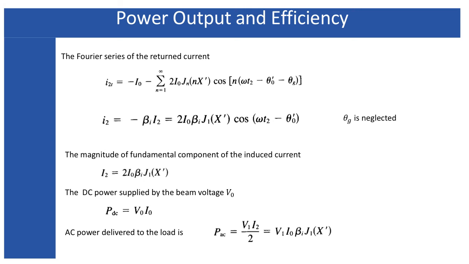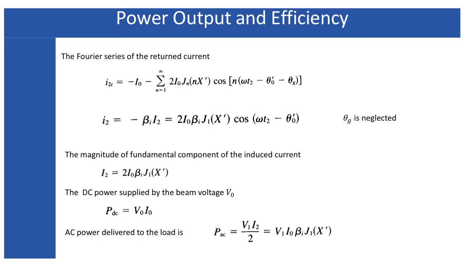The repelled electrons are coming back to the cavity periodically and producing the current that contributes in the oscillations. So that current can also be considered as the periodic current. Therefore, a Fourier series can be used to represent that periodic current in a similar manner that I have used for the two cavity klystron.